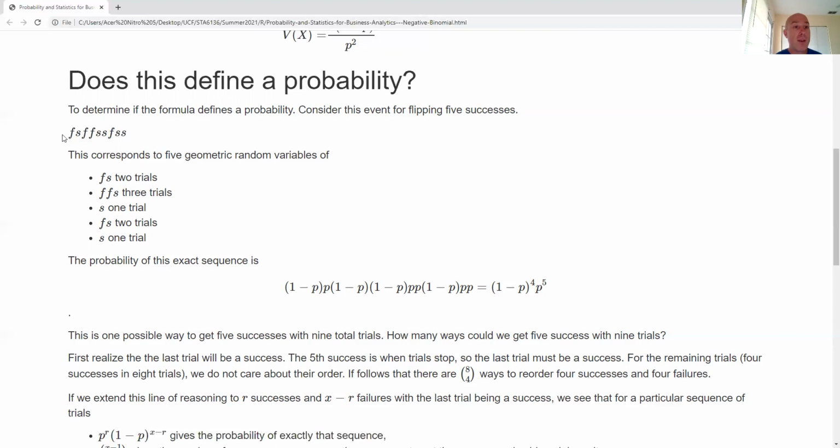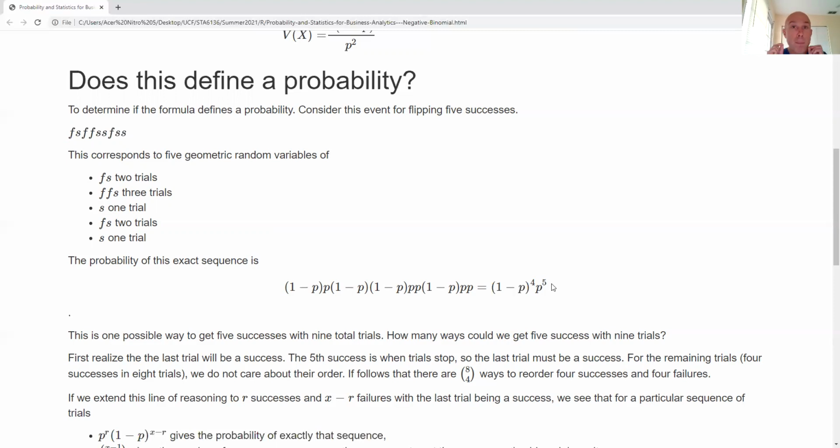So if I take this, every time I see an F, I put a 1 minus P, and every time I see an S, I put a P. I get exactly this sequence of probabilities multiplied out. That corresponds to (1 minus P) to the power of 4 times P to the 5. There were 5 successes, so it's P to the 5. There were 4 failures, so that's (1 minus P) to the power of 4.